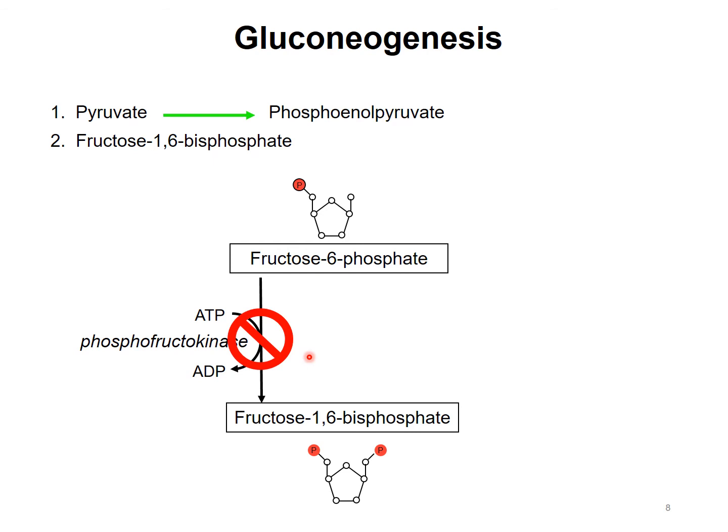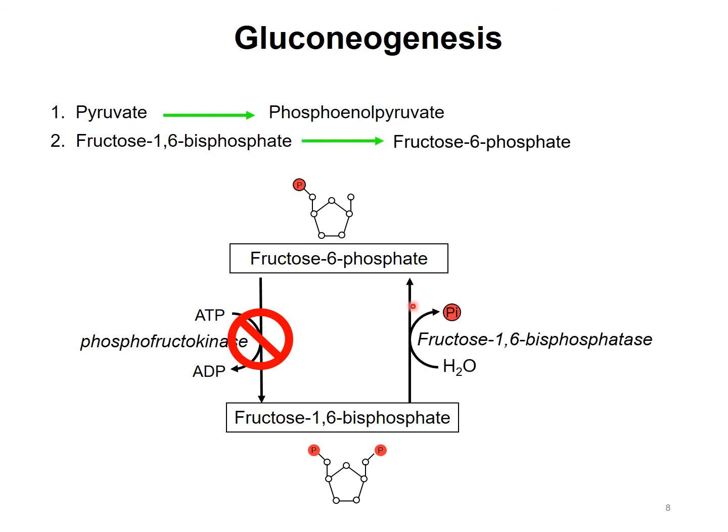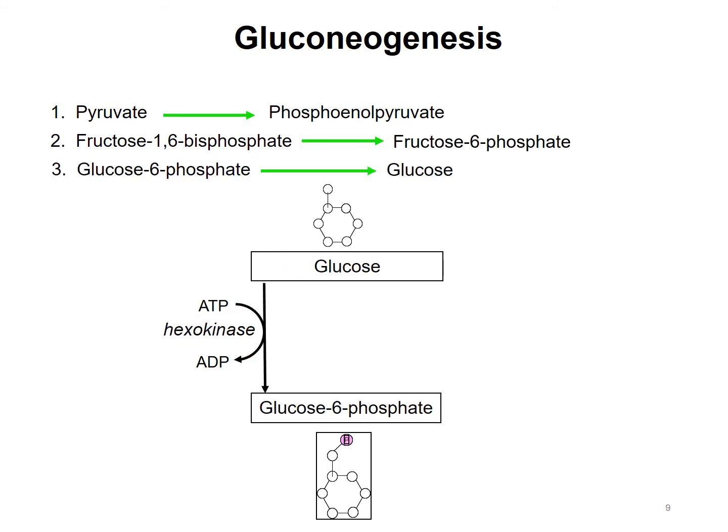Alternately, we employ another enzyme, which is fructose 1,6-bisphosphatase that will cleave away the phosphate group from carbon number 1, forming fructose 6-phosphate. And it is the release of energy from this cleavage of phosphate group that will power up this reverse reaction.